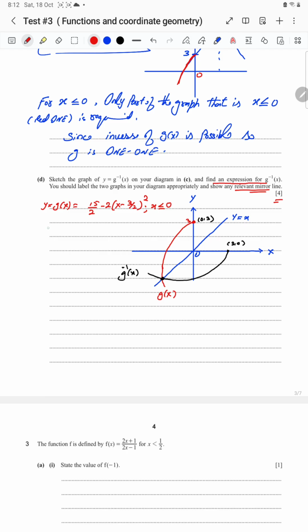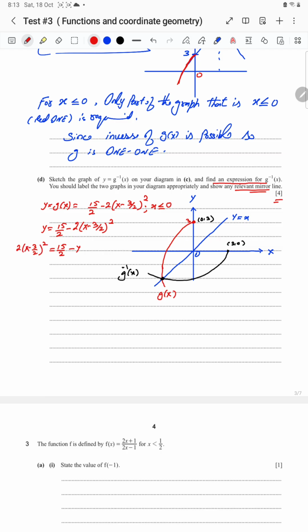From here, g inverse: y equal to 15 by 2 minus 2 times (x minus 3 by 2) whole squared. Make x the subject as per the rule defined, so we can get it this simple way. 15 by 2 minus y will be 2 times (x minus 3 by 2) whole squared.